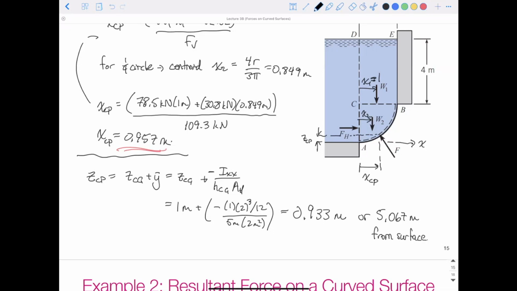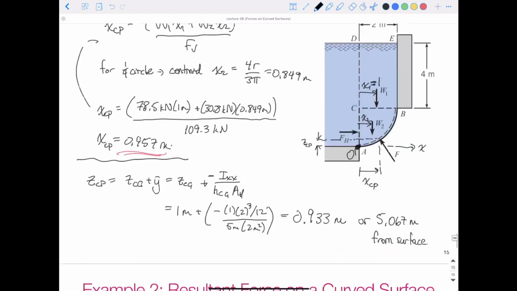But the equivalent moment is acting at the distance XCP and ZCP from that location that we referenced, which is down here, the bottom corner, right at A. So it really helps when you're solving these problems to keep your diagrams clear and draw where everything is. You can choose references wherever you want. Just make sure it's consistent all the way through your problem and you're not changing it partway through, because that's when you can introduce errors and make mistakes.